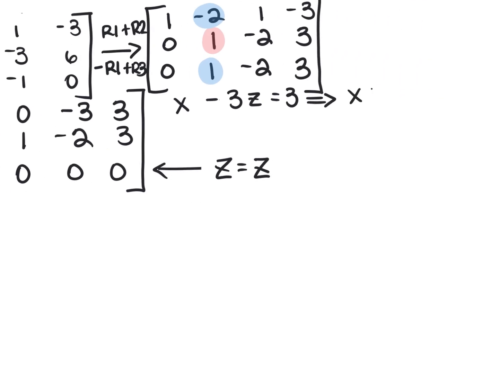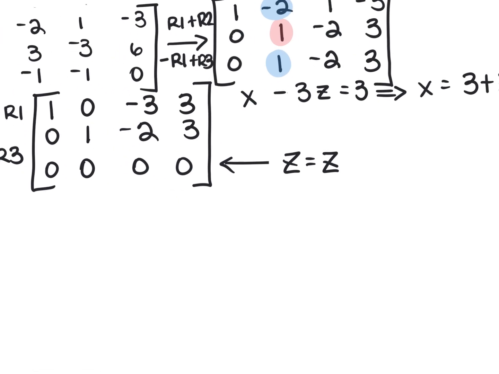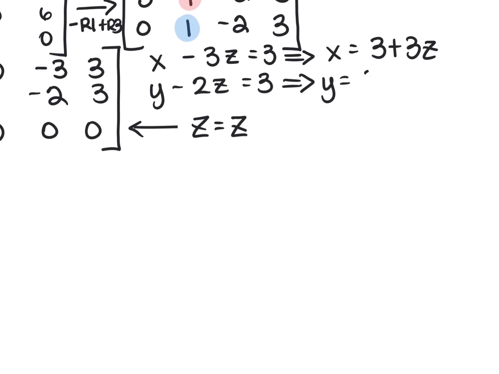So you have x is equal to 3 plus 3z. And then go down to the second one, and you have y minus 2z is equal to 3. So you're going to solve that for y. So you get y is equal to 3 minus 2z, plus 2z.